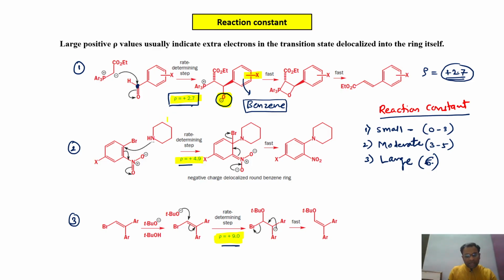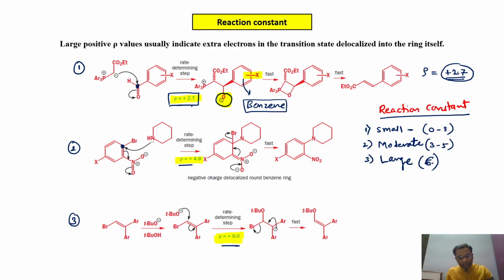That is, this reaction is less susceptible towards the polar effect exerted by the substituent. If we consider the second reaction, piperidine attacks an electrophilic carbon and leads to formation of a negative charge.